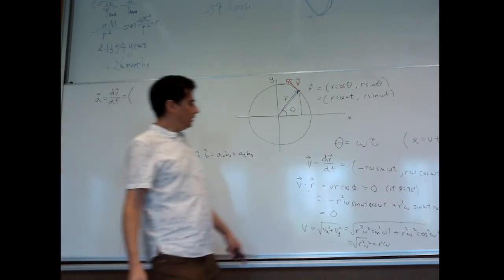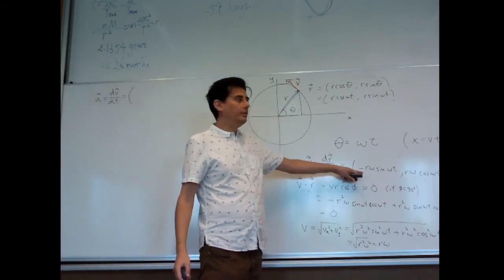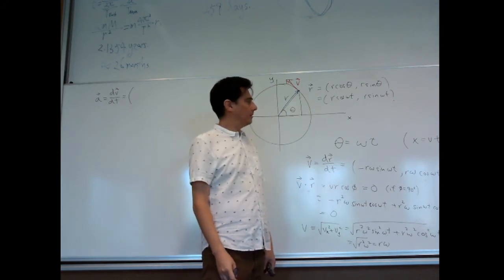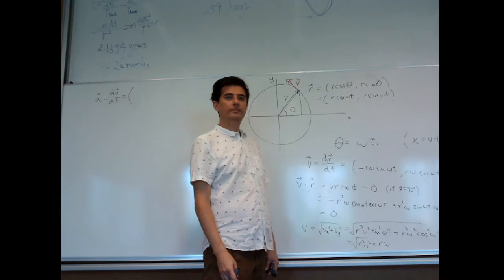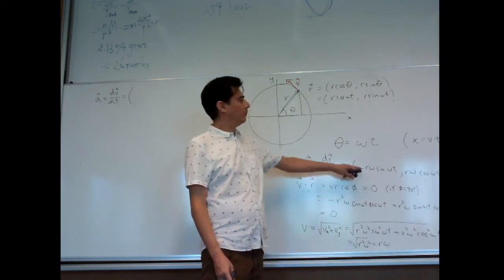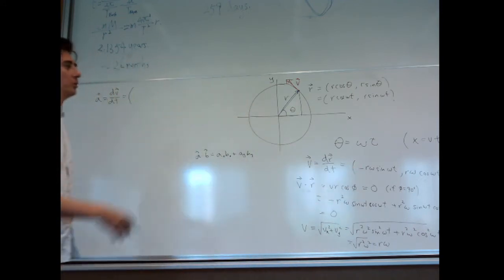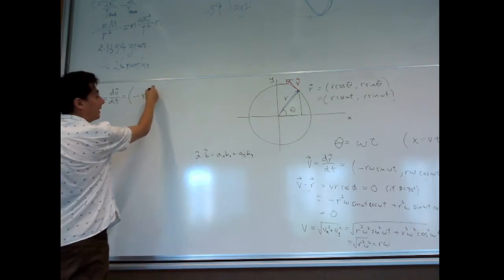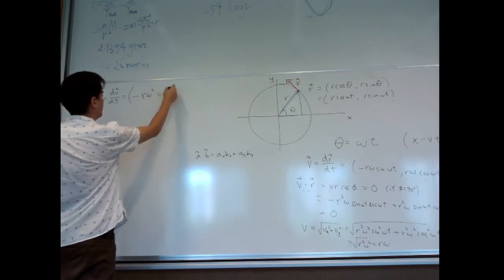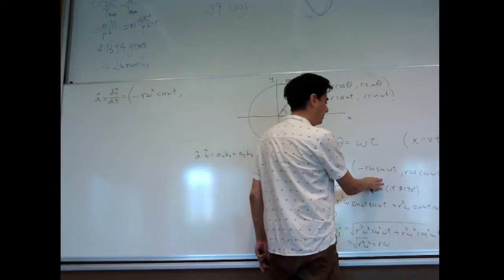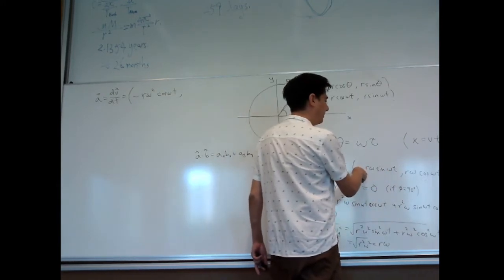So what's the derivative of the x component here? Right, yeah. Negative omega squared cosine omega t, because sine becomes cos, and there's another omega that comes out.